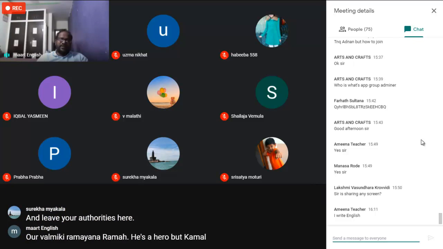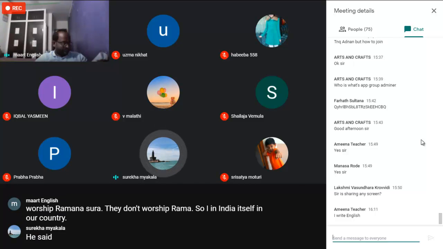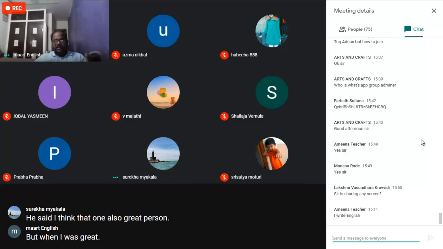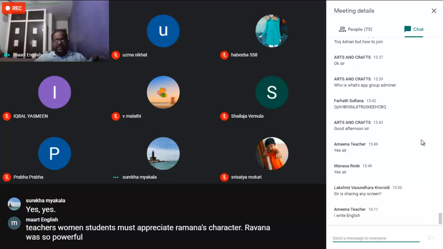In Valmiki Ramayana, Rama is a hero, but in Kamban Ramayana, Tamils worship Ravanasura. They don't worship Rama. So in India itself, in our country, Ravana is also a great person. You girl students, women teachers, women students must appreciate Ravana's character. Ravana was so powerful, so mighty. Even in dream, he did not touch Sita when Sita was alone.